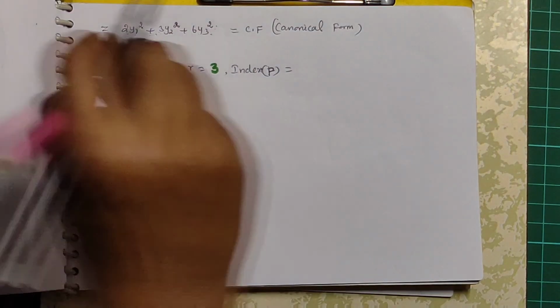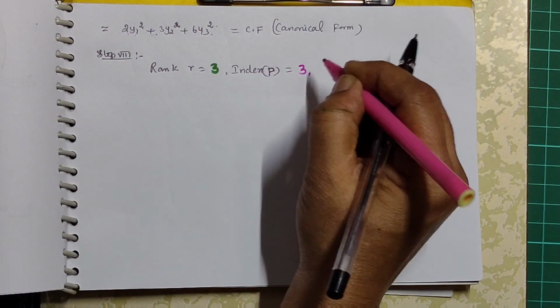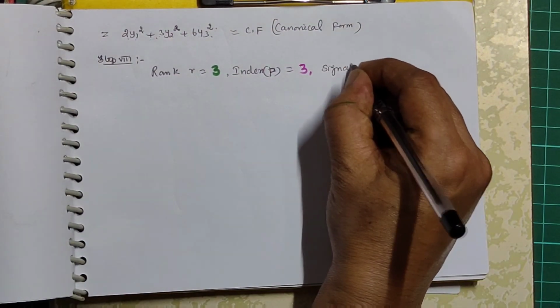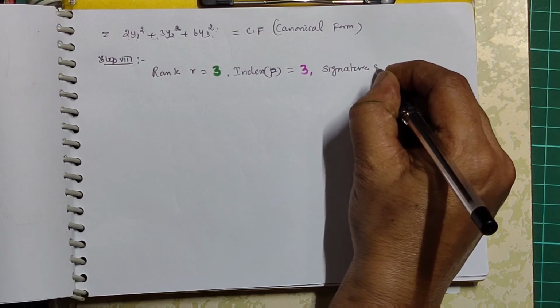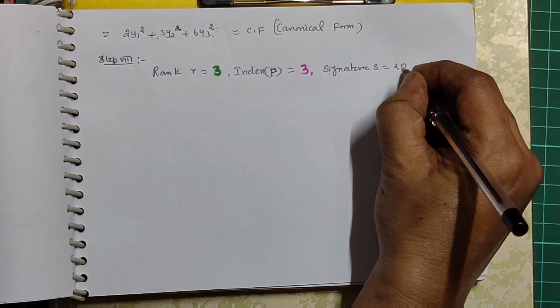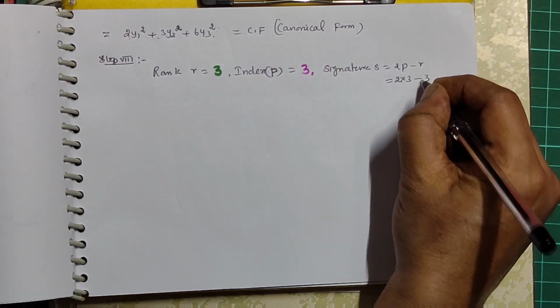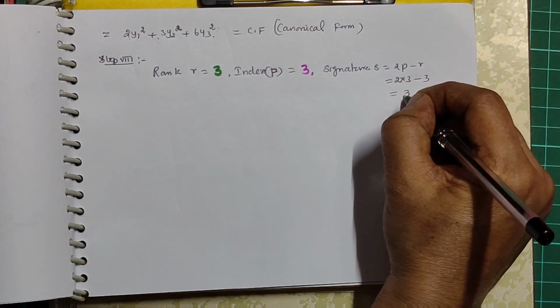So the number of positive terms is equal to 3. And now we have the signature. Signature is defined as 2p minus r. And p is 3 and r is also 3. So you have 6 minus 3, which is 3.